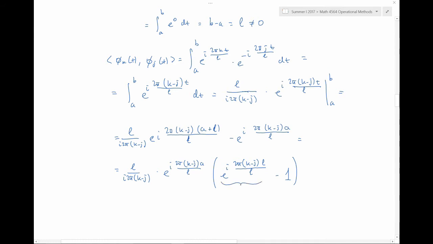And this part is equal to 1. Therefore, the result of this dot product is 0.